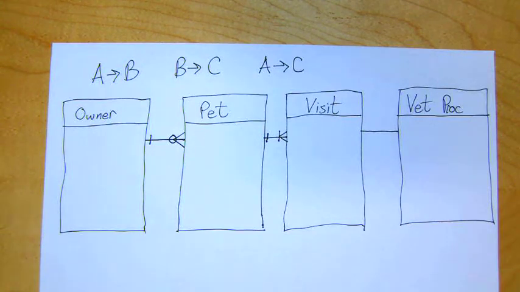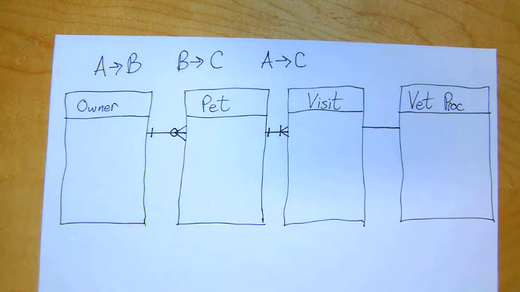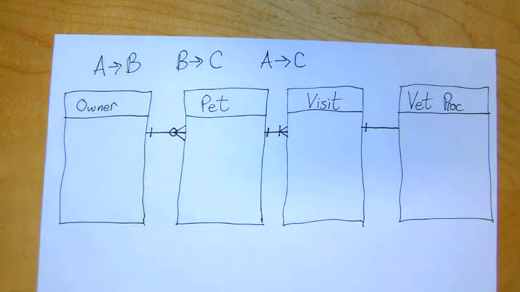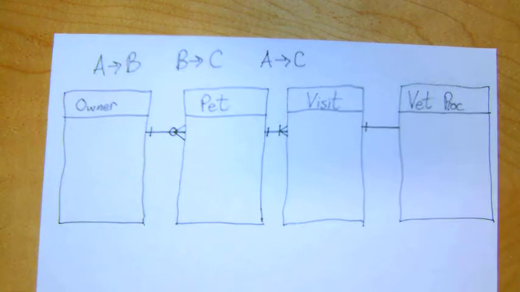Okay. So here is the tough one. The visit: every visit can have, so like one visit can have zero procedures?